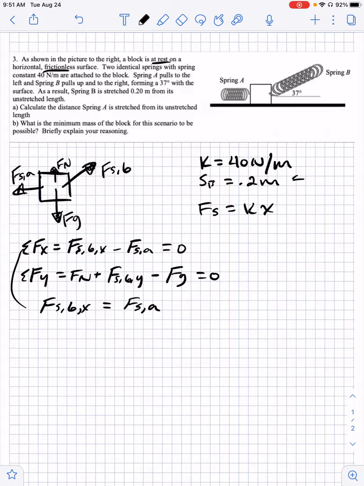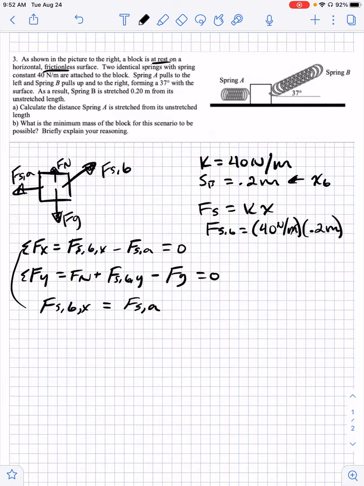So this right here is the stretch for spring B. So we can then calculate the force exerted by spring B. So the force of spring B is going to equal the spring constant of 40 newtons per meter times its stretch, which was 0.2 meters.